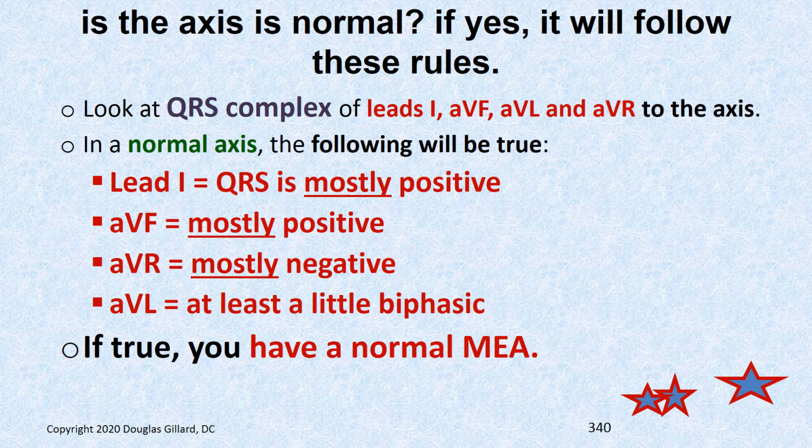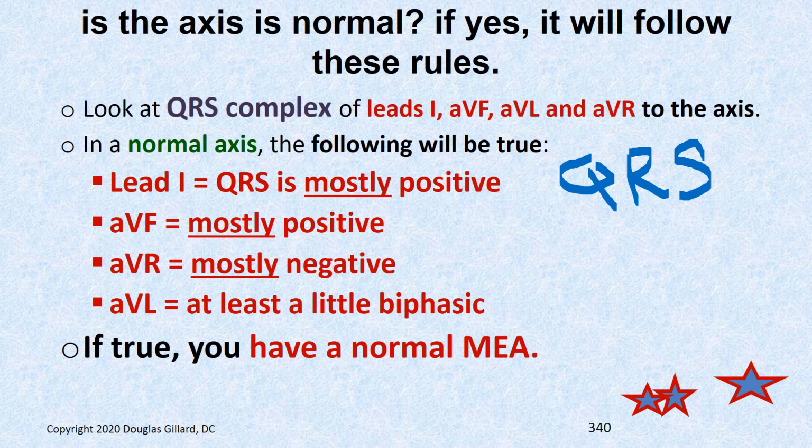There are 4 rules that you have to know. If the mean electrical axis is normal, these will always be true. Limb lead 1 will be mostly positive. I'm talking about the QRS complex here. When you're looking for the axis, you're talking about the QRS complex only. We're not worried about the P wave or the T wave.